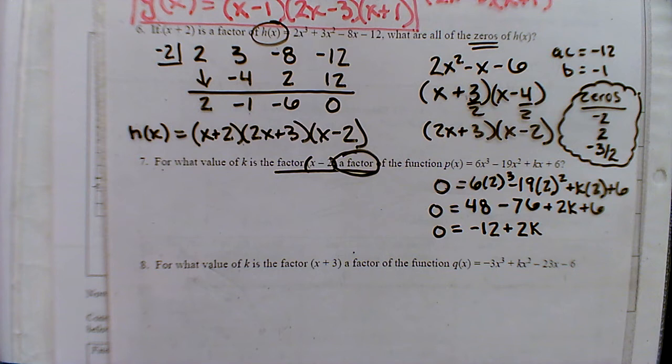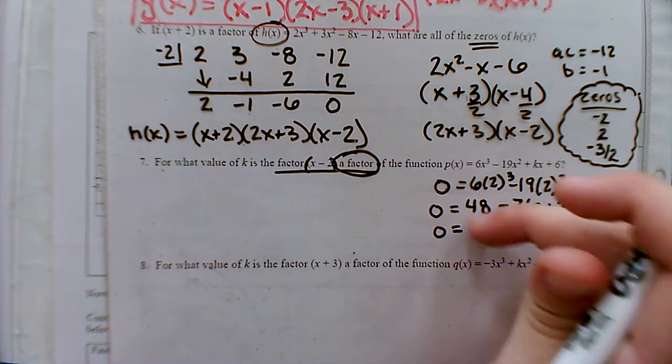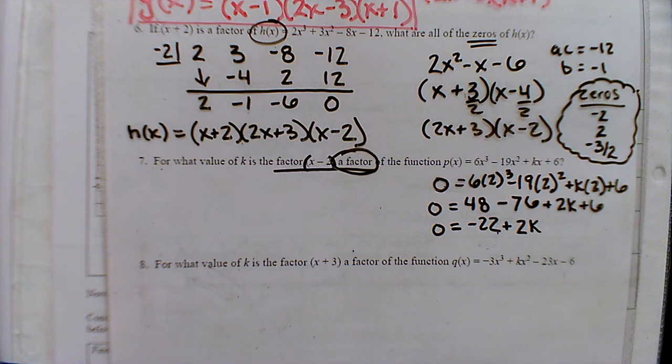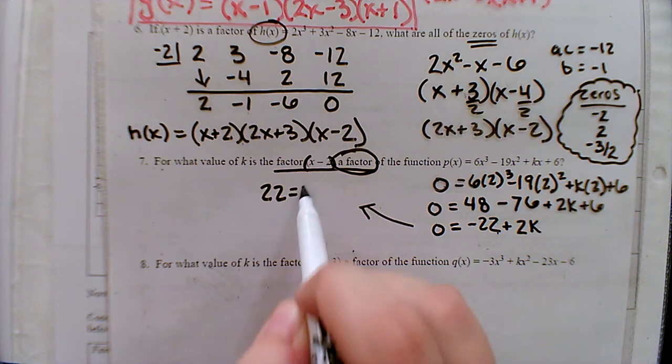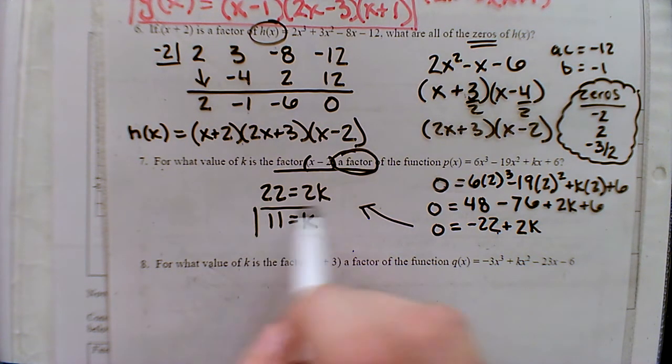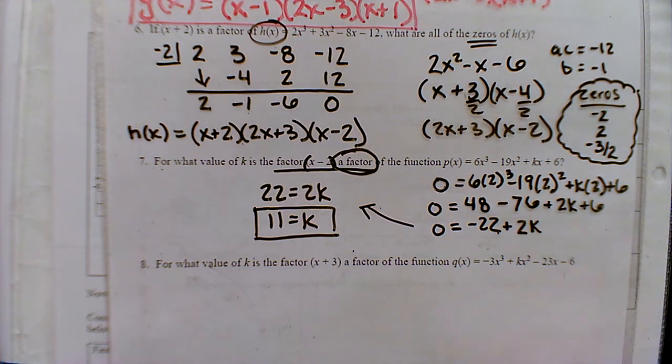Is that checking out? Negative 22, I was off by 10, sorry. Okay. So let's see, we can add the 22 over and divide by 2. I think that looks a little better.